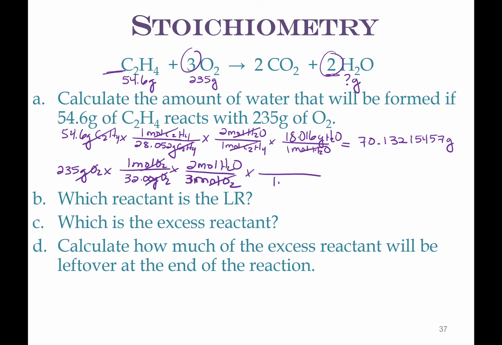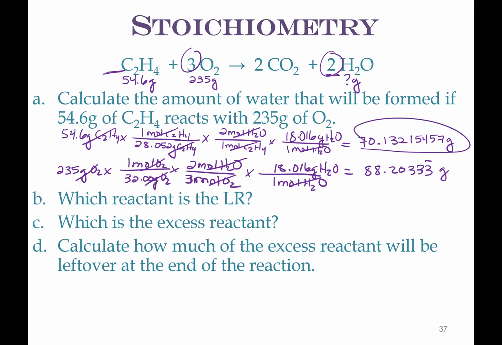And 1 mole of water has a mass of 18.016 grams of water. And that comes out to be 88.20333 repeating grams. So which of these is smaller? This is smaller. So calculate the amount of water that can be formed. 70.1, because there's 3 sig figs, grams of water can be formed.